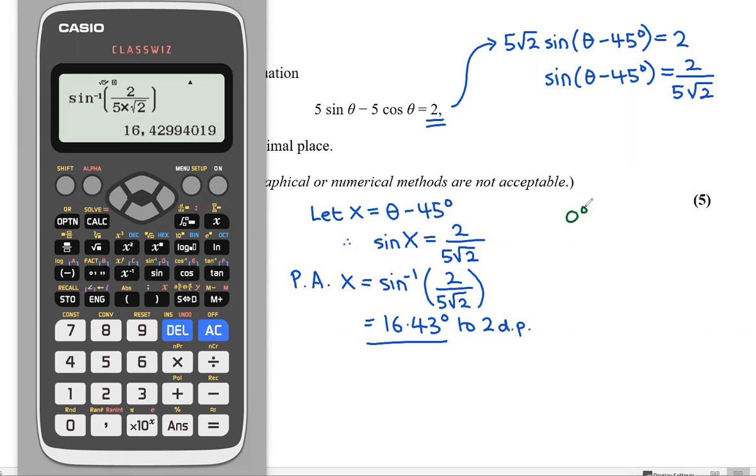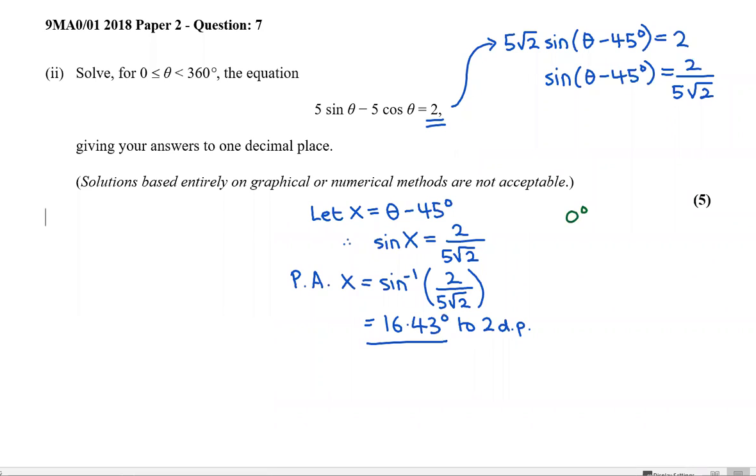Going from the 0 to 360, including 0, well, we have to subtract 45 from everything. So we're actually going to be looking from negative 45, subtract 45 from theta, up to 360, subtract 45, which is going to be 315 degrees.